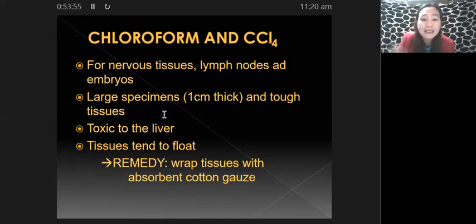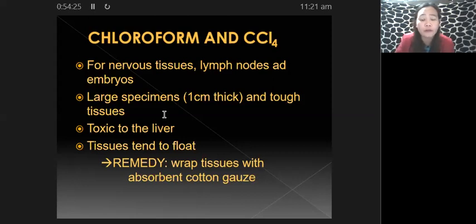And lastly, they can be utilized for tough tissue samples such as your skin. Your skin is considered to be a tough tissue because it is composed of keratinized cells. The dermis also is composed of, di ba, your dense irregular connective tissue. So what is in your dense irregular connective tissue?